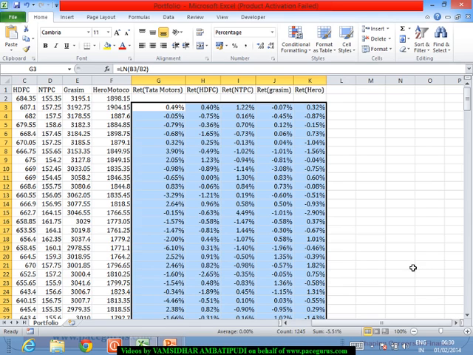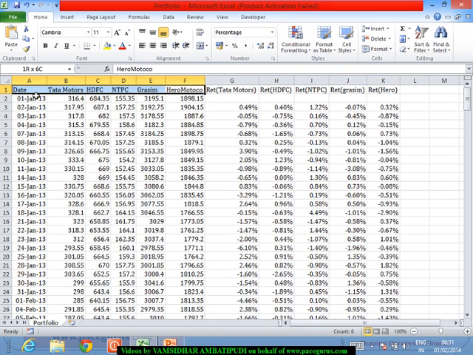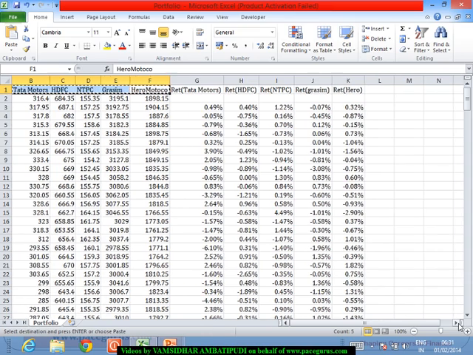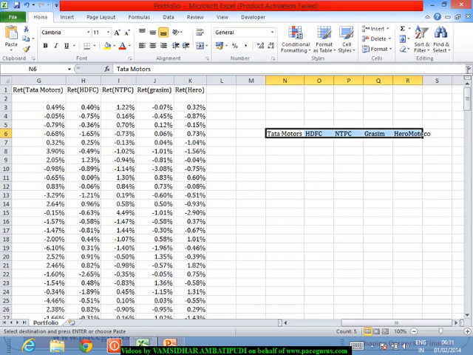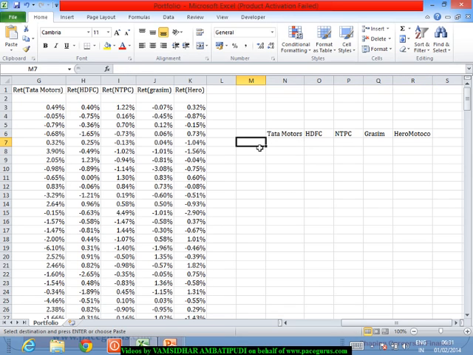Now if I want to find the individual level VAR associated with each of the securities, let me take these 5 securities here. I first require the standard deviation.